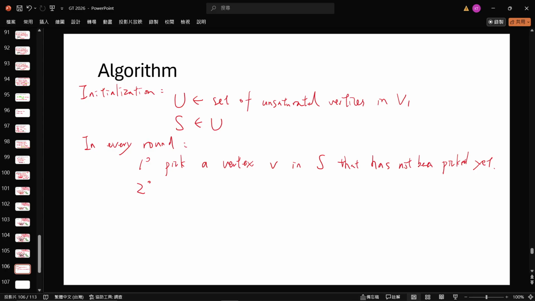V is a vertex in V1, and we always first go down.